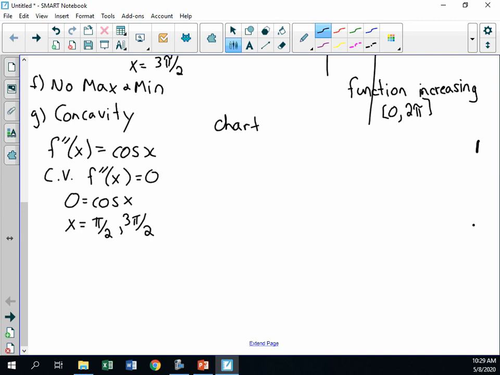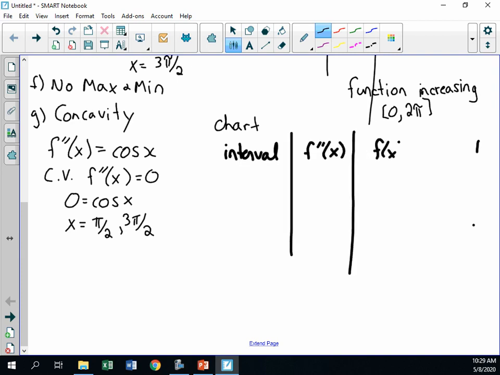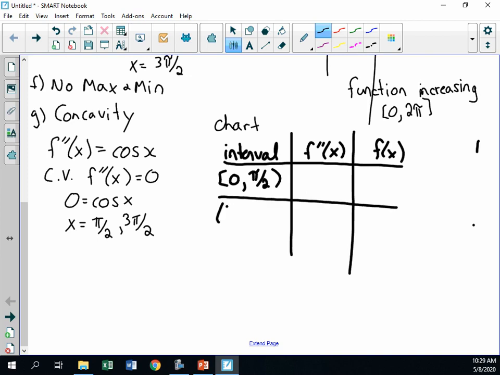Okay, so we have my interval, and then I have my f double prime of x, and what's happening to f of x. So we are going to have from 0 to pi over 2, so that's quadrant 1. We are going to have pi over 2 to 3 pi over 2, and then from 3 pi over 2 to 2 pi.